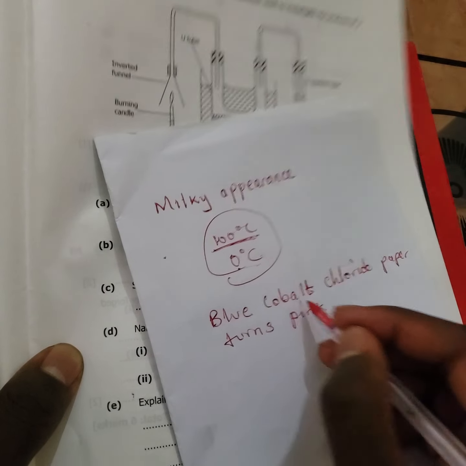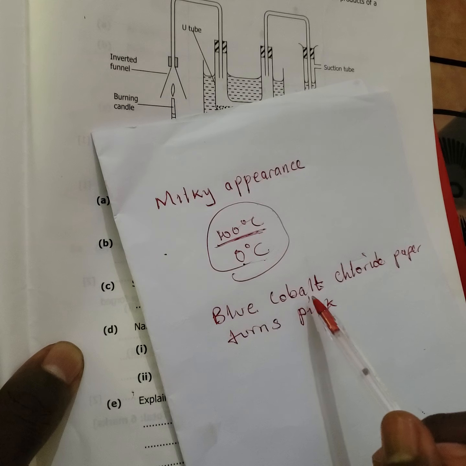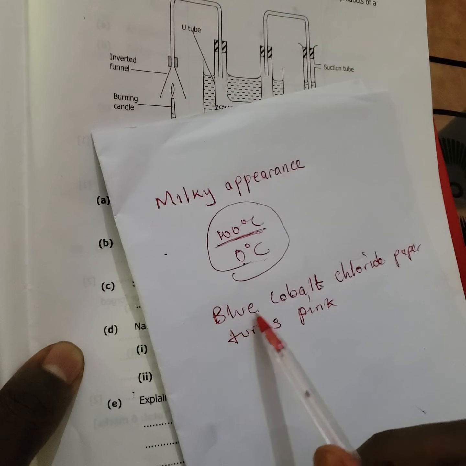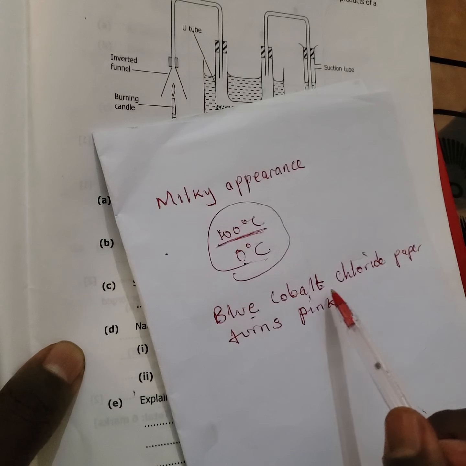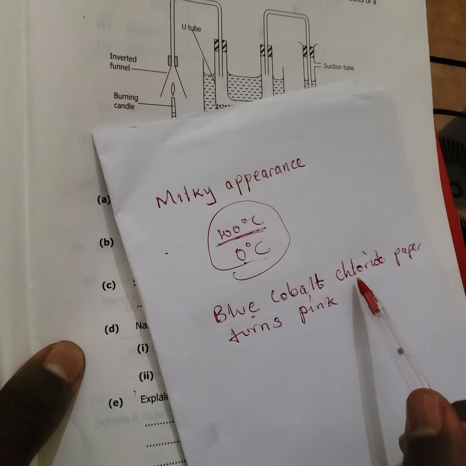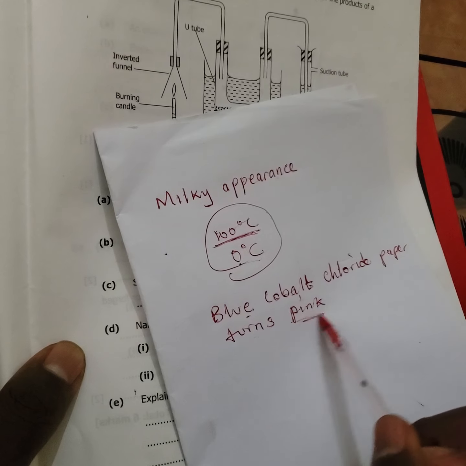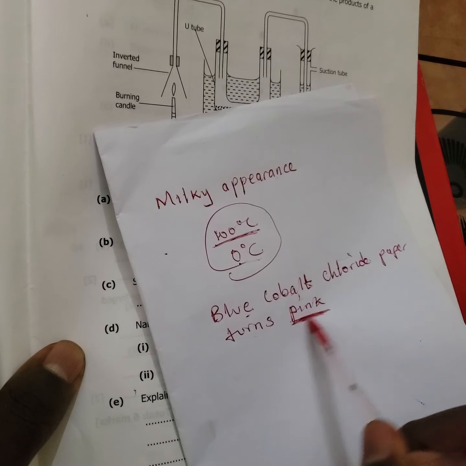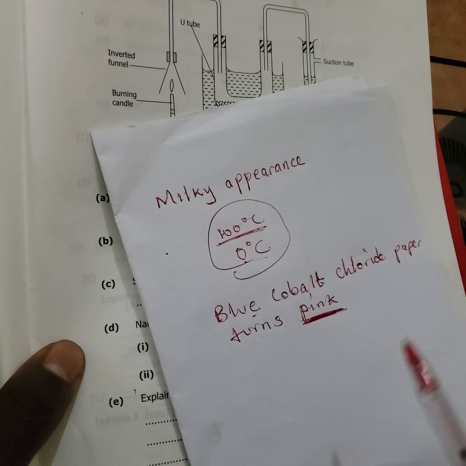That is another identity test. You have this cobalt chloride paper which is blue in color, and you dip it in that liquid, and if the cobalt chloride paper turns pink, it means that the colorless liquid is water.